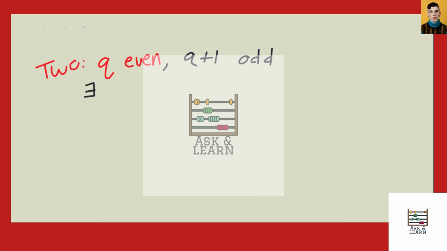Right? And so if that's the case, there exists some integer r such that q is equal to 2r.